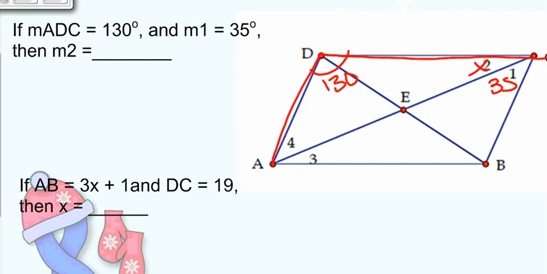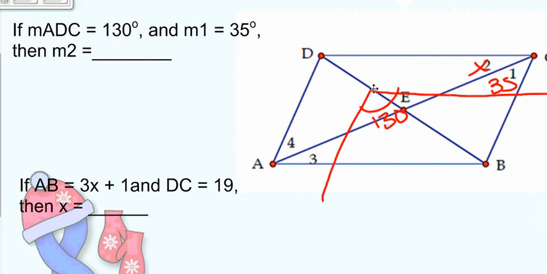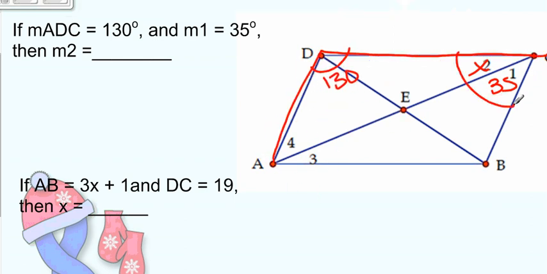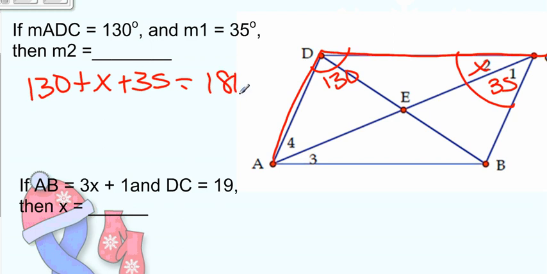All right, so hopefully you have tried on your own. If we look at those two angles as a whole, so ADC and this angle here, those are going to be consecutive angles, which means they should add up to 180 degrees. So I have 130 plus x plus 35 equals 180 degrees. Okay, combine your like terms first.